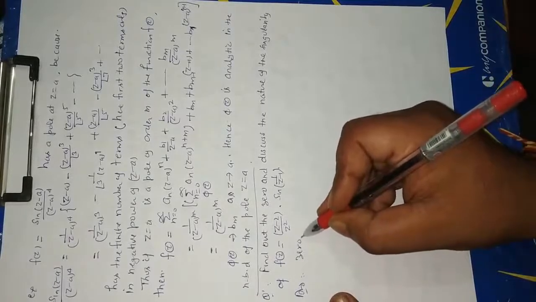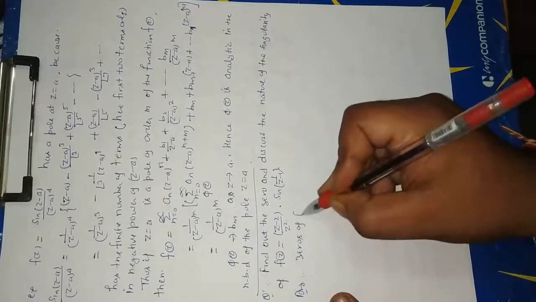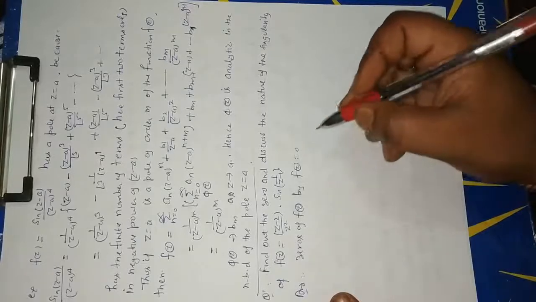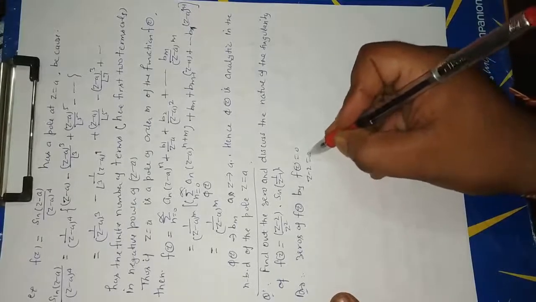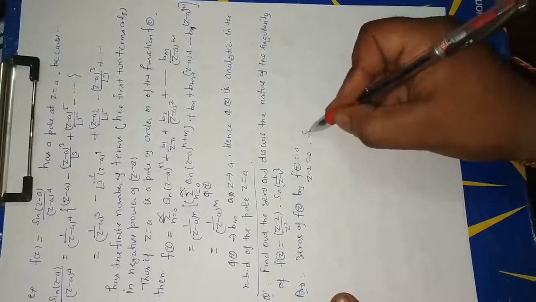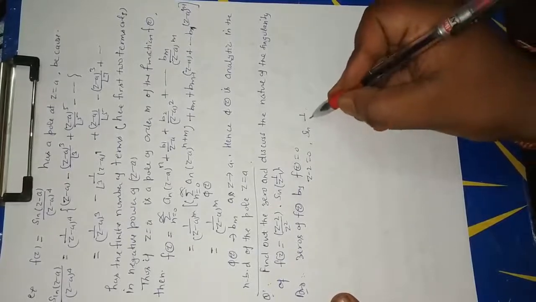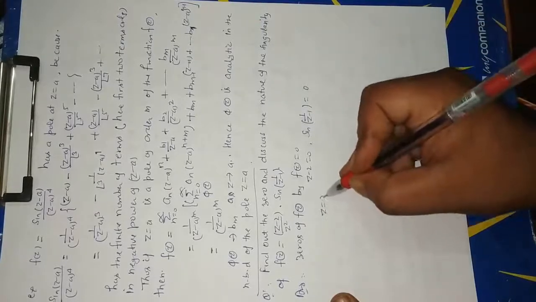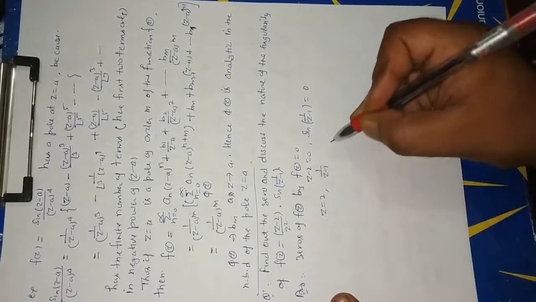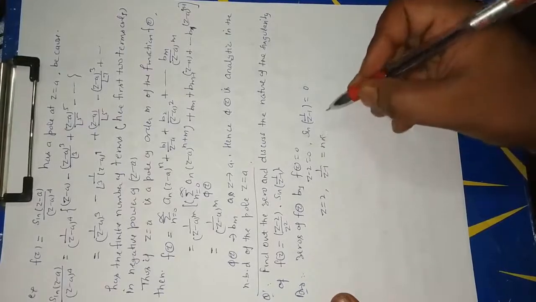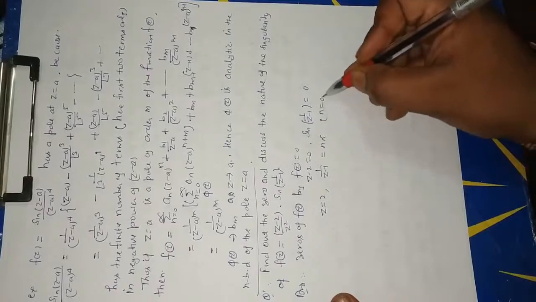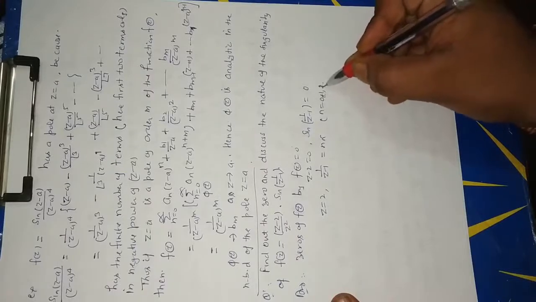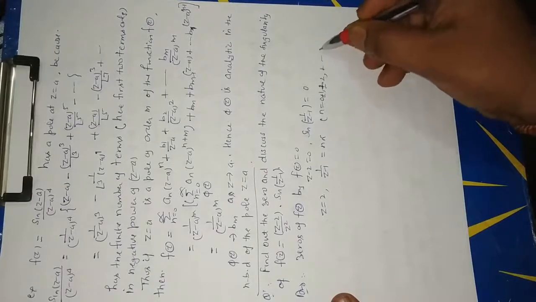zeros of f(z). By f(z) equal to 0, that is z minus 2 equal to 0, comma sine 1 upon (z minus 1) equal to 0. Now z equal to 2, comma 1 upon (z minus 1) equal to n pi, where n is equal to 0, plus minus 1, plus minus 2, and so on.